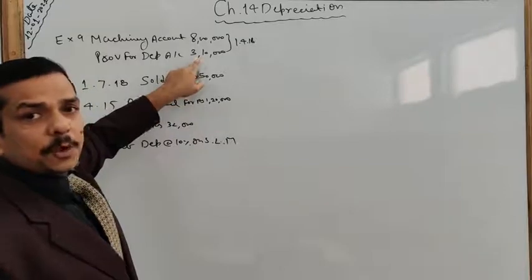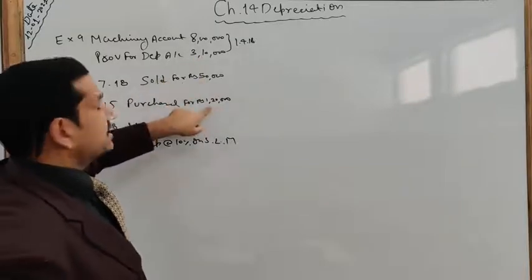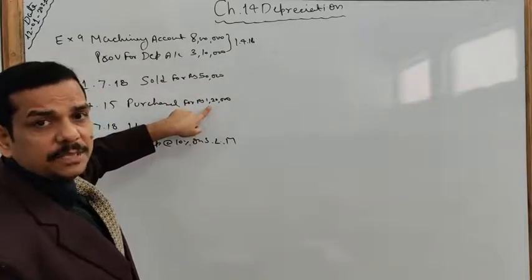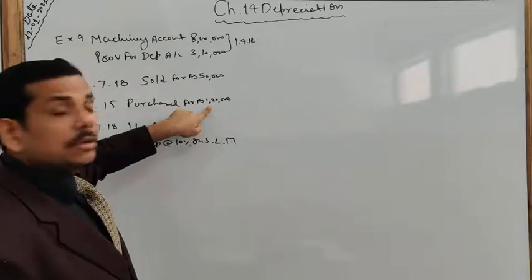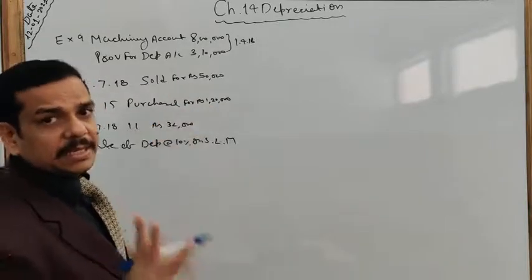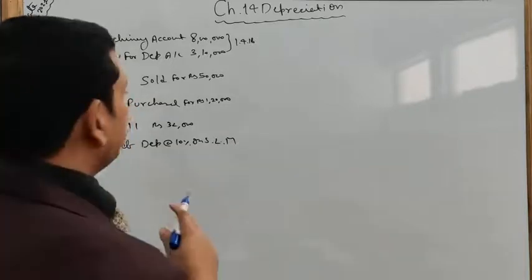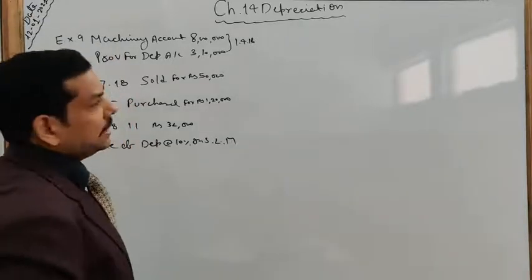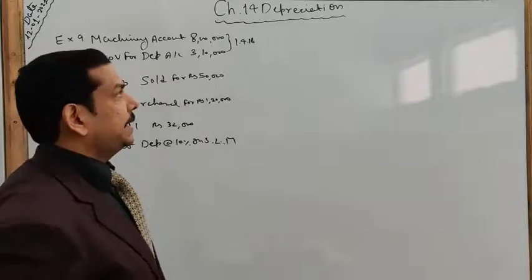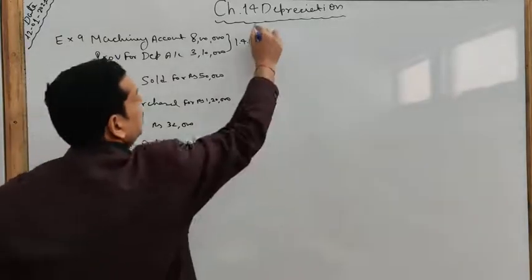Similarly, this balance of provision for depreciation includes the depreciation of this machine for 3 years. So we have to separately find out the total depreciation of this machine for 3 years, and afterwards we will pass a journal entry. So for that purpose we are going to make a working note.